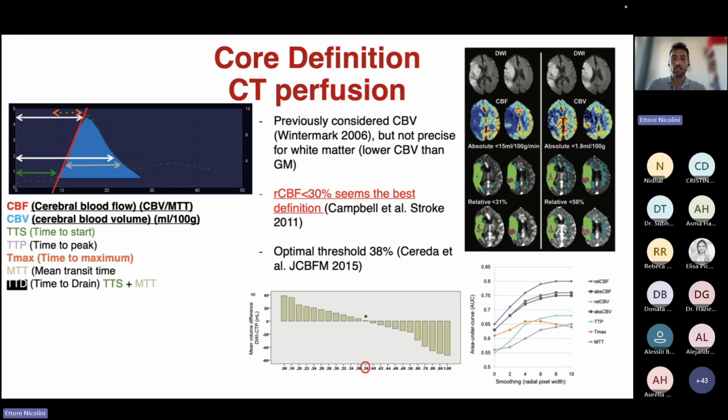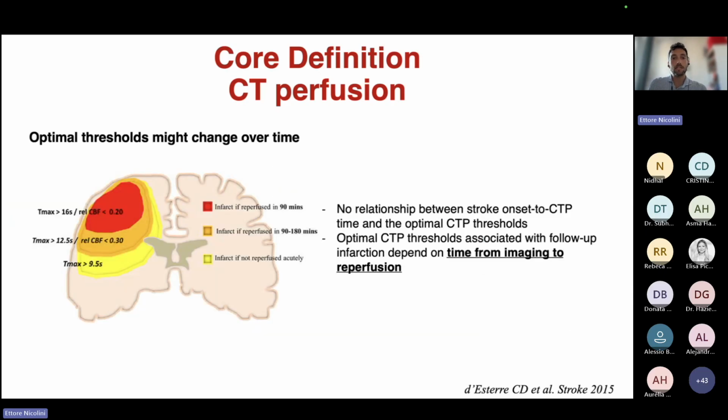Actually, 38% should be the most accurate. But even with this threshold, it is evident that they are not stable over time. Actually, as it was evident in this study from the STAIR, there was a relationship between the optimal threshold of the core, both for relative cerebral blood flow and Tmax, and the time from imaging to reperfusion.